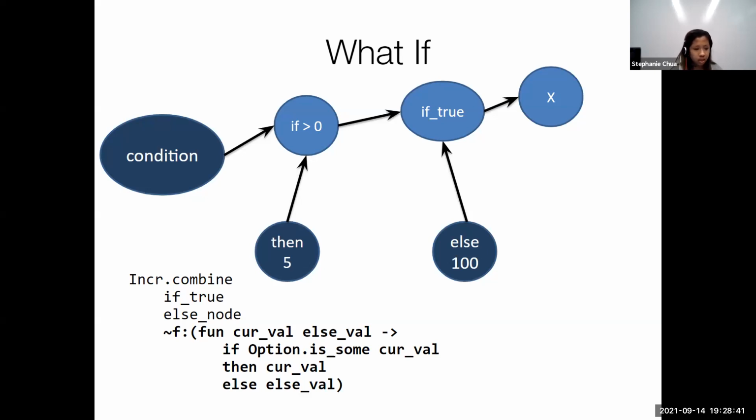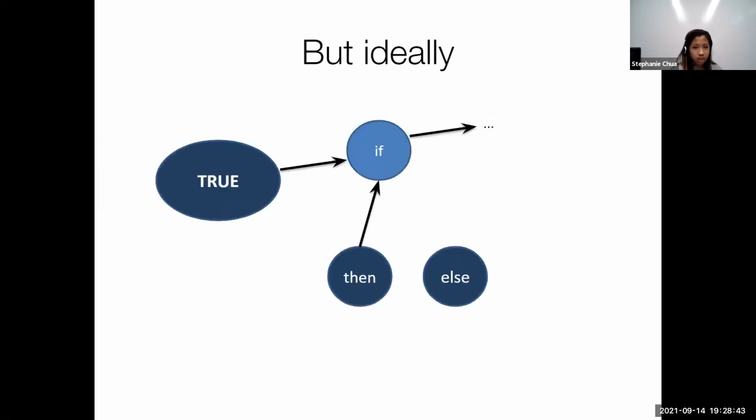But ideally, what we want is this. We want it such that there is no arrow between else and if, because otherwise incremental underneath has to do some amount of work, some amount of tracking, whenever else changes. Also, if the condition is false, we want only the else arrow to be connected.